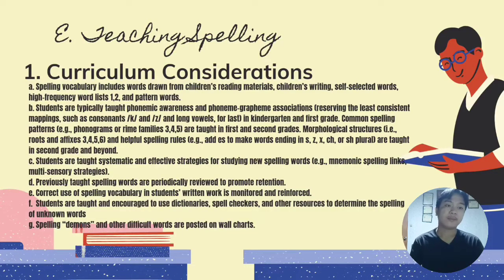And helpful spelling rules, for example, add es to make words ending in s, z, x, ch, or sh become plural. This is taught in second grade and beyond. For example, brushes, foxes, glasses, and etcetera.